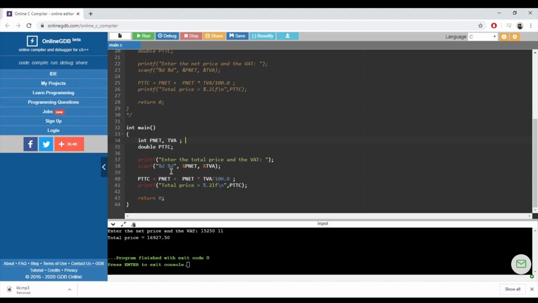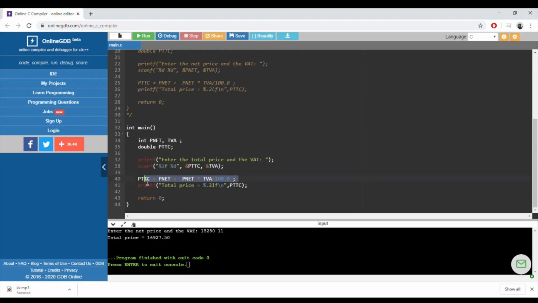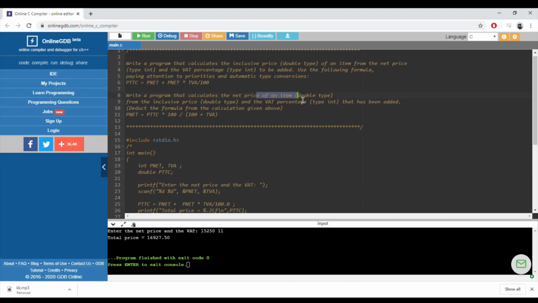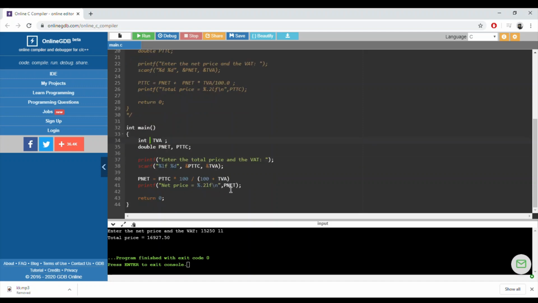Here the total price is of type double, so we should use the %lf and we should get the PPTC and then we will get the pnet value. The net price here will be equal to pnet, and pnet is of type double. They are asking us that the net item is of type double, so we'll put it here and then the net price is equal to pnet.